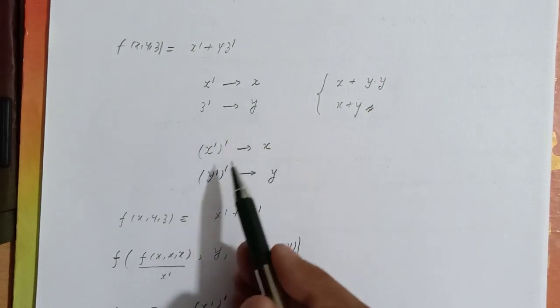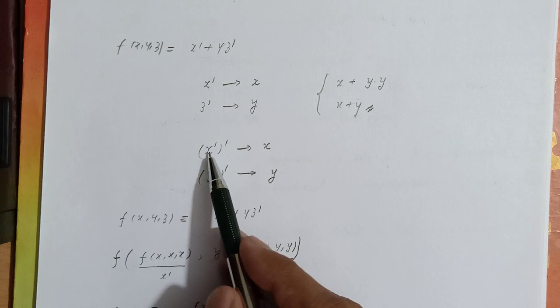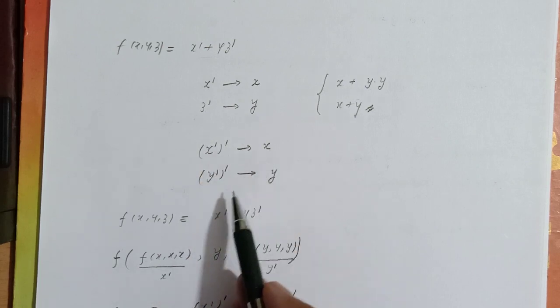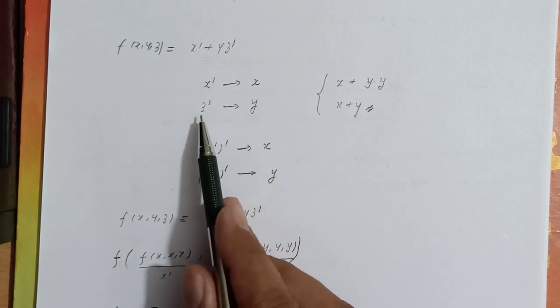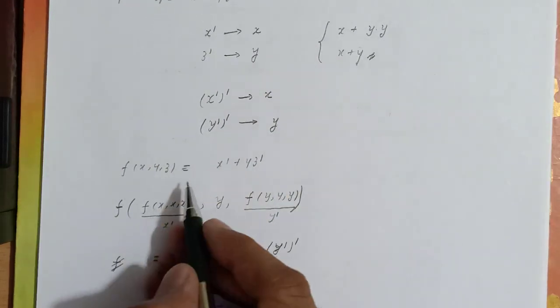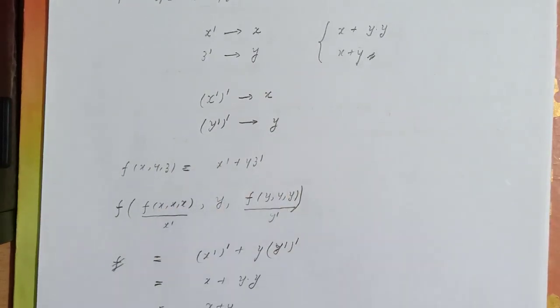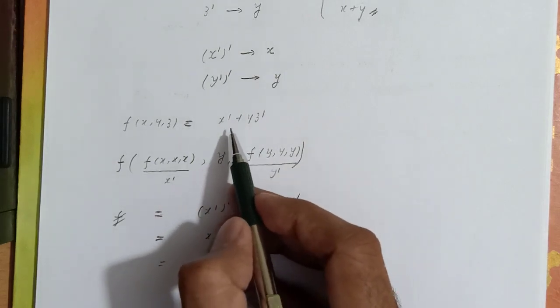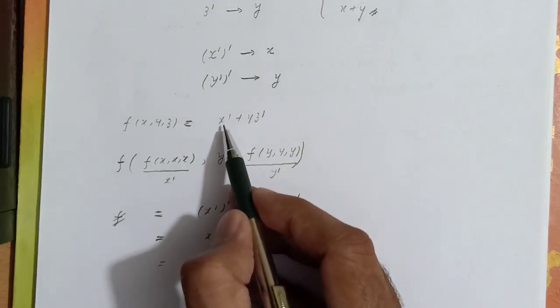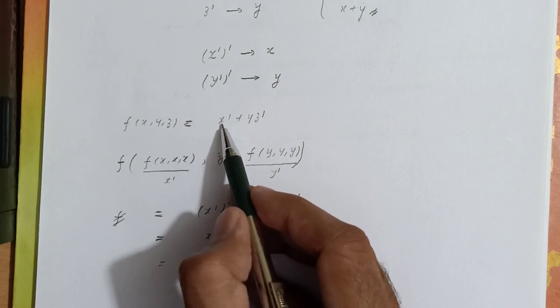So how can we do that? If we place x dash in place of x, then we can get the x. Similarly, if we place y dash in place of z, we can get the y in place of z dash. So this is the given expression. In place of x we need x dash.